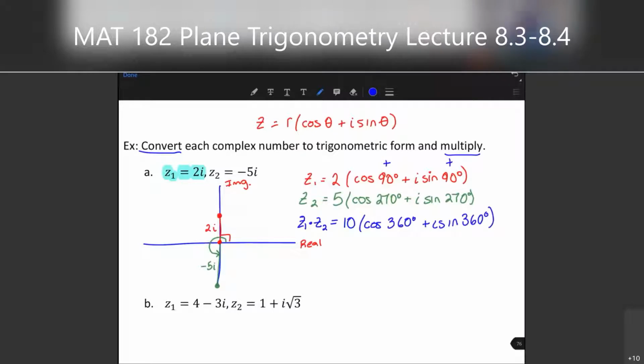Now, if we'd like to go one step further, what is the cosine of 360? I think we know that. That's the same as really 0. So the cosine of 0 is 1. What about the sine of 0?